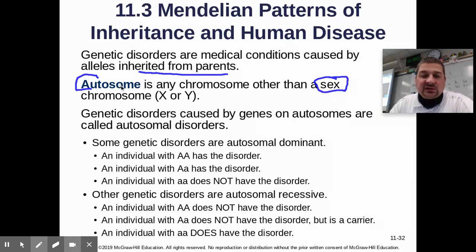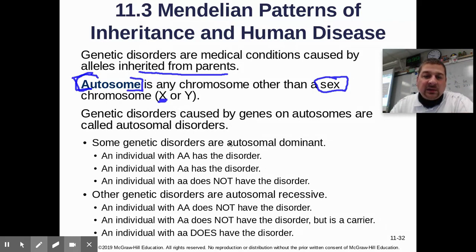With autosomes, you would see no difference between males and females, whereas if it's sex-linked, let's say a disorder on the X chromosome, then you start to see differences, like color blindness that may show up more in males than females. So that affects the patterns of inheritance. Whereas with autosomes, you'll get equal chances for males and females because they're on chromosomes 1 through 22.